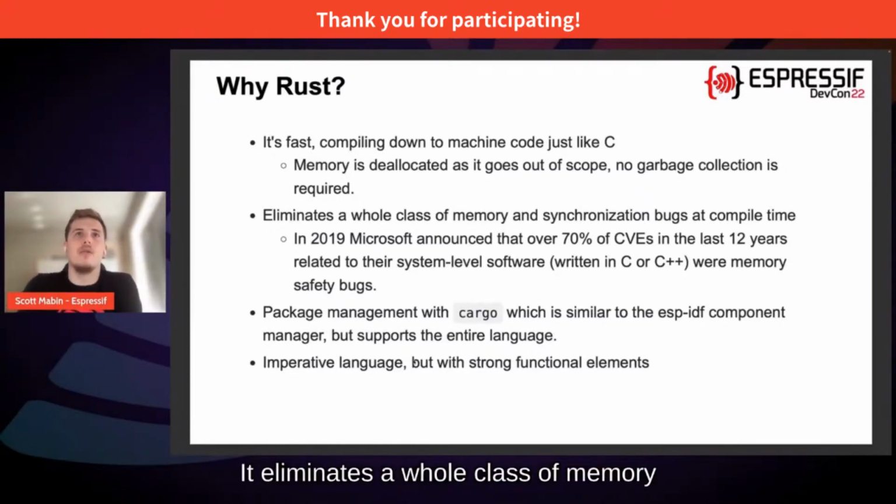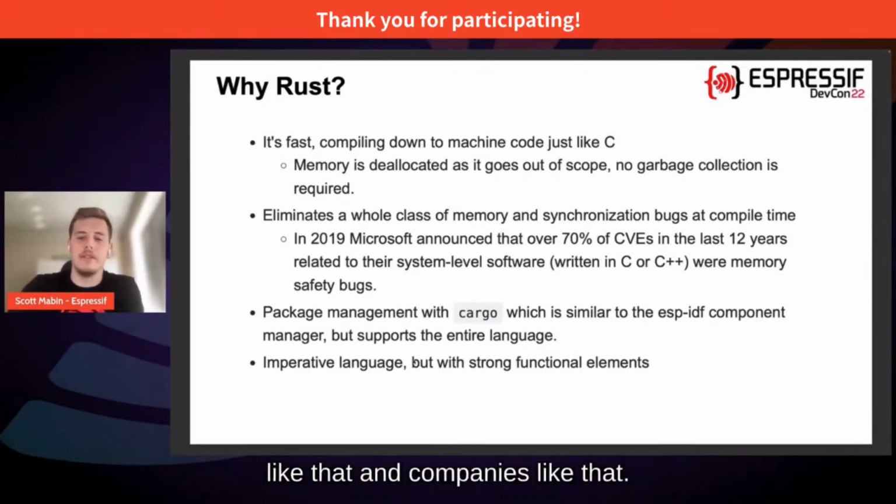It eliminates a whole class of memory and synchronization bugs at compile time using the type system and a number of subsystems within that. Microsoft announced in 2019 that over 70% of their CVEs in the last 12 years were related to memory misuse. So you can see why Rust is very appealing to companies like Microsoft.